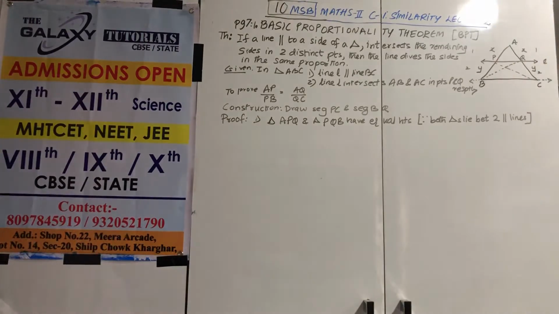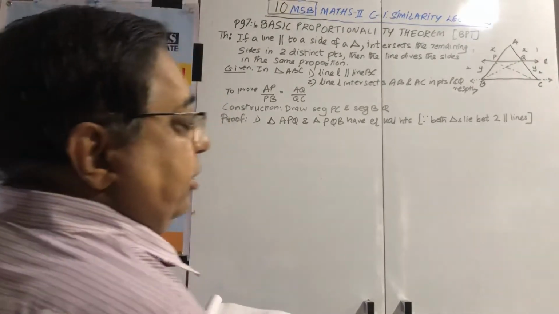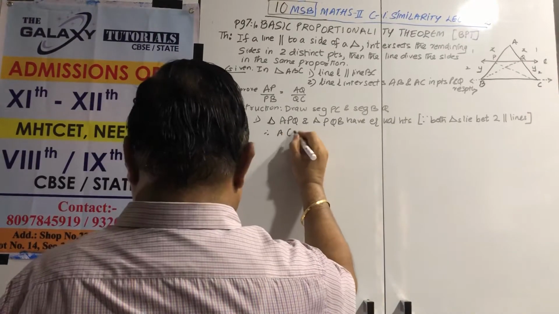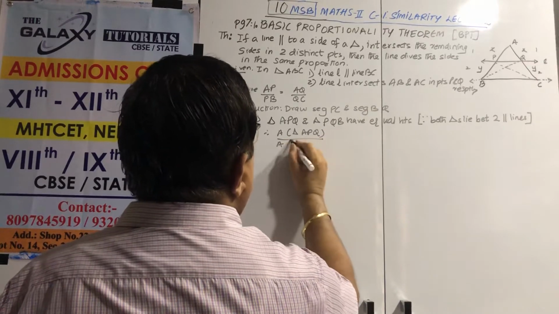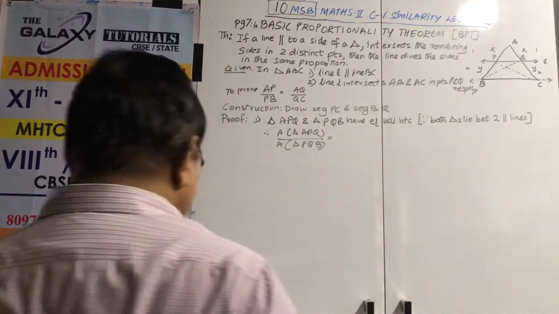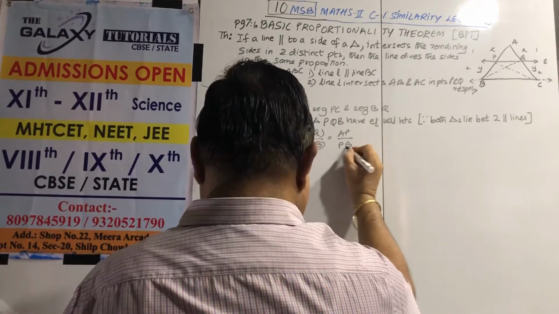And from the three points which we made in exercise 1.1, our first lecture, therefore, area of triangle APQ upon area of triangle PQB is equal to AP upon PB.